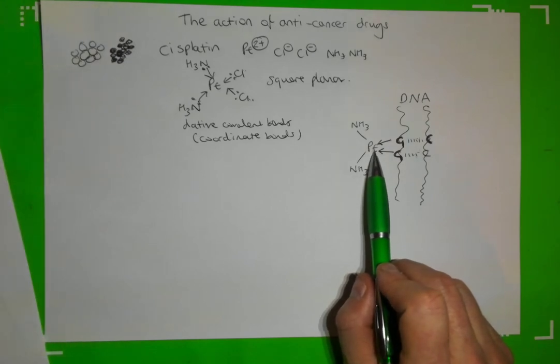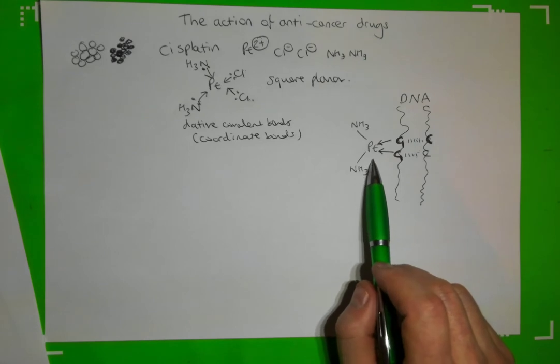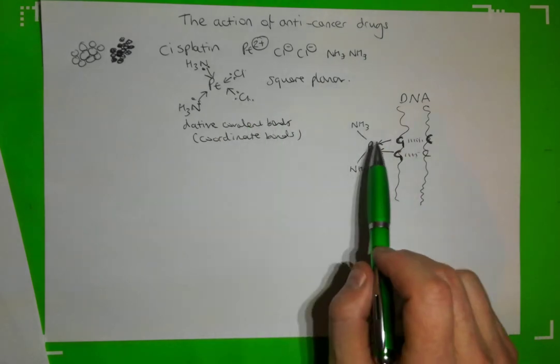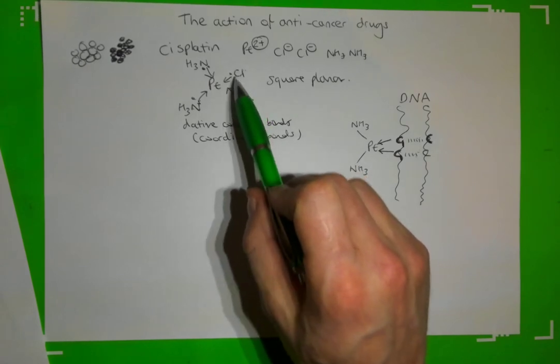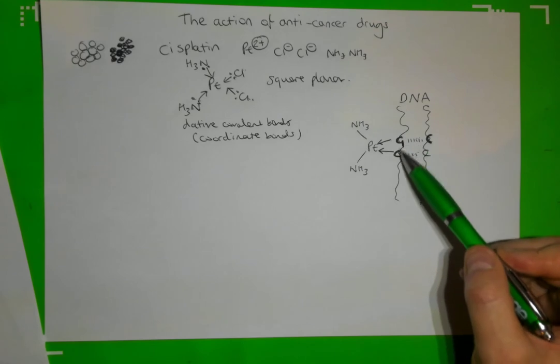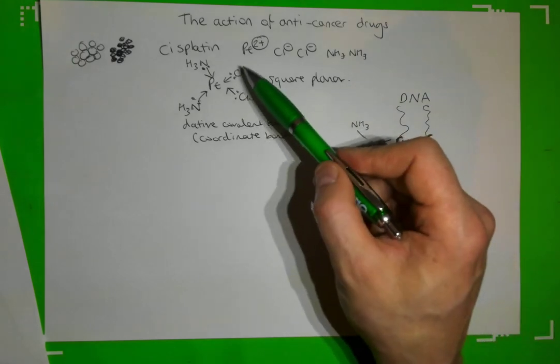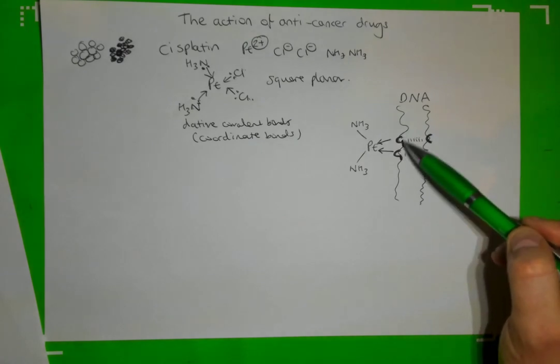And what happens here is what we call a ligand substitution reaction. Just like any ligand substitution reaction, we've substituted 2 ligands on the platinum with 2 more groups. And here we're just substituting the chloride ligands for some nitrogen on the strand of DNA.